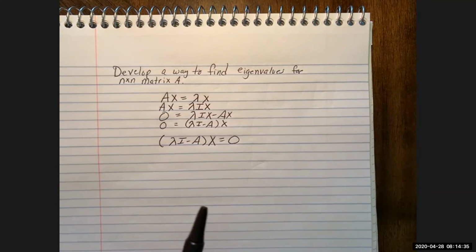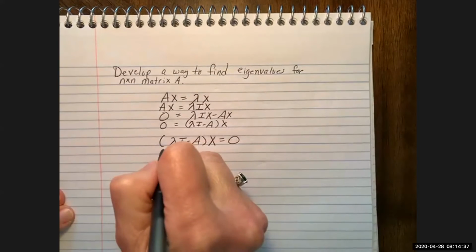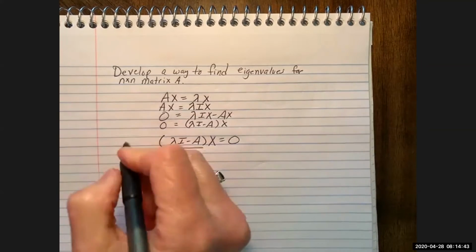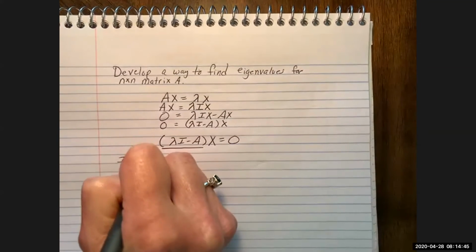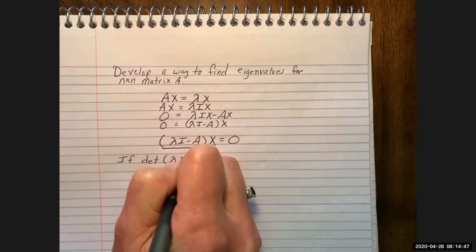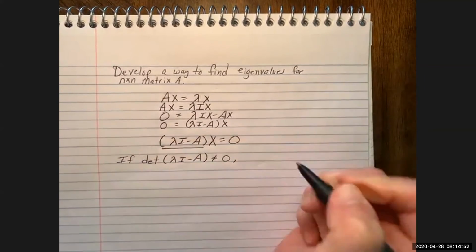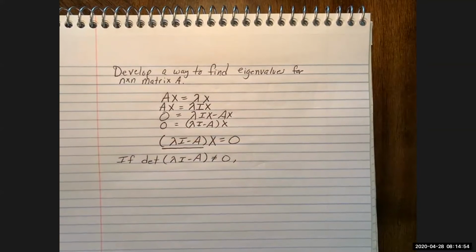Now, if the determinant of that matrix is not equal to 0, let me write it out. Then what do we know about that system? From the mega theorem.